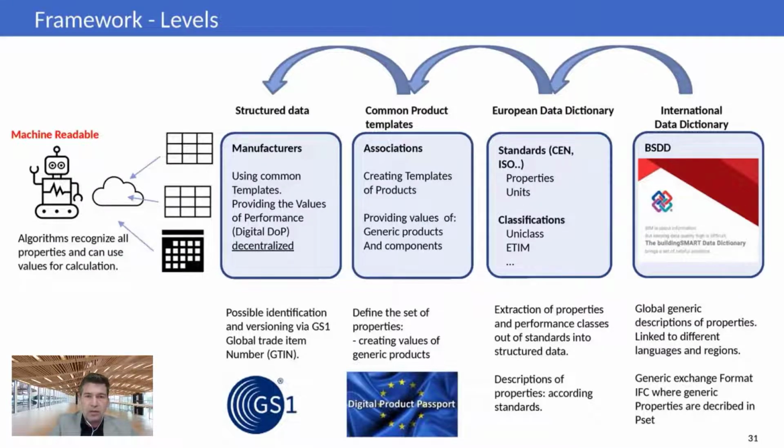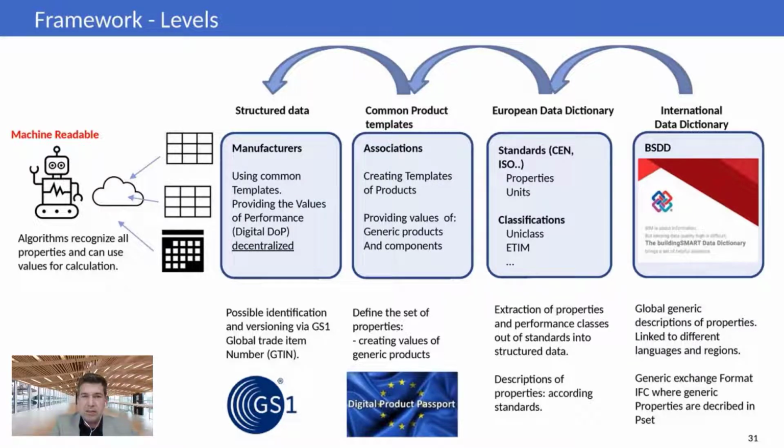And we saw that image before, this dependency. Maybe you start with BSDD. If you define something generic, maybe you start with the standards and put it then into BSDD. So these standards have a very important role here in the start of the definition.